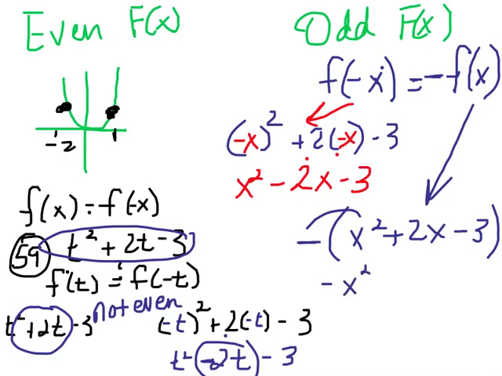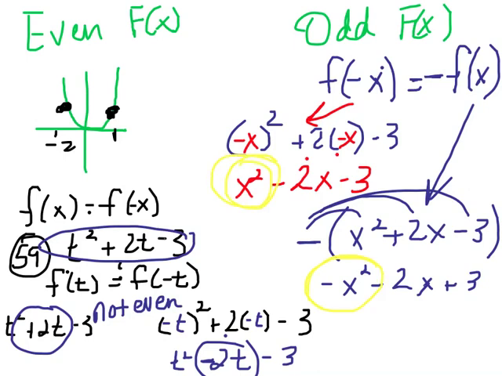Oops, it's already different, isn't it? I could just stop there if I wanted to, but I'll go ahead just to make sure. That would be negative 2x and then positive 3. I could have stopped once I saw that this was different from this. This is neither an even nor an odd function. They don't have to be either one. It's nice if they are.